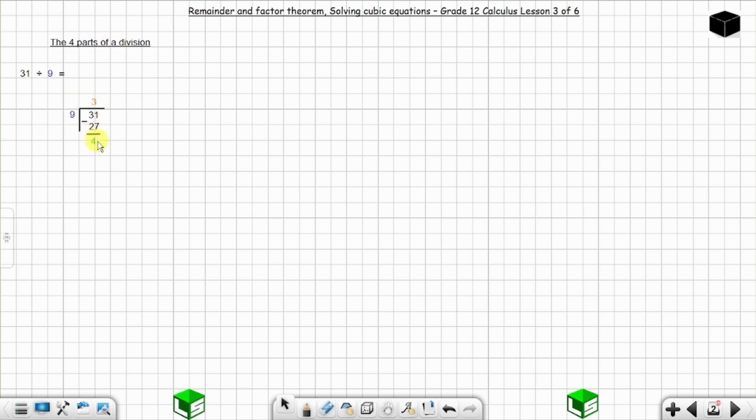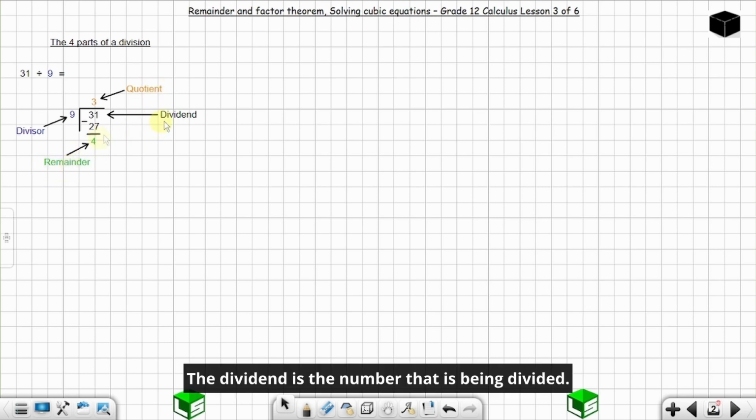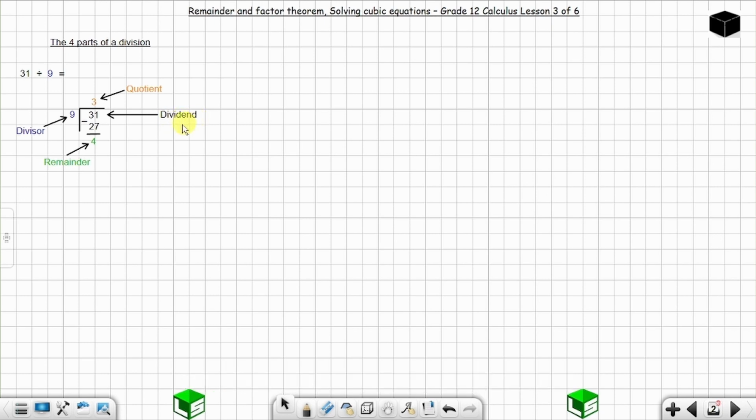Now the four parts of a division: 31 is the dividend, 9 is the divisor, 3 is the quotient, and 4 is the remainder. The dividend is the number that is being divided. In this case, 31 is divided by 9.